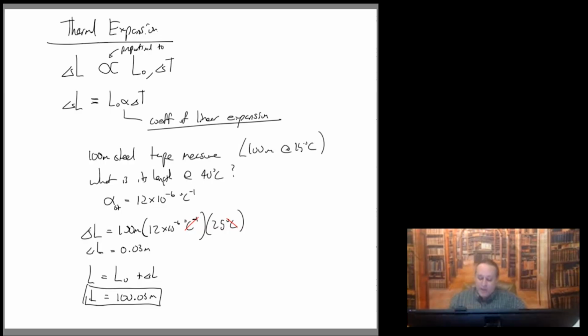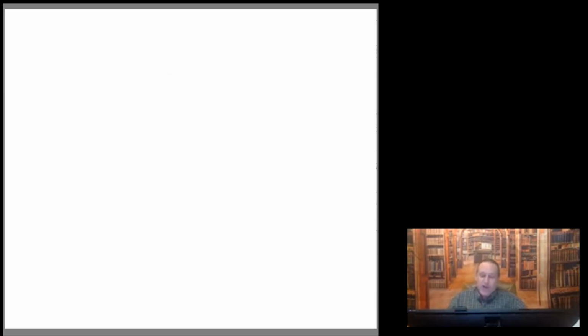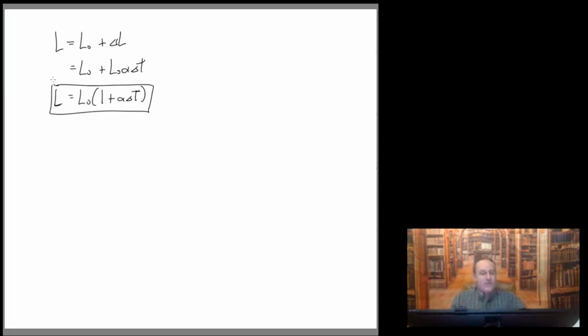Okay, so technically we could write the length equals initial length plus delta L. And by using our formula, this is L naught plus L naught alpha delta T. And we get L naught times the quantity 1 plus alpha delta T. So we have a formula for the new length given the old length.